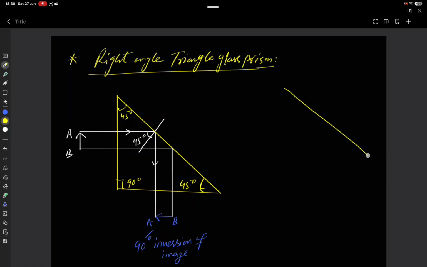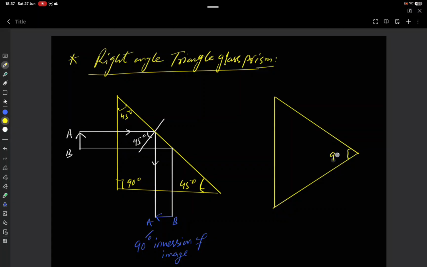So the image forms horizontally. Another diagram we have, again a right angle triangle prism. One is a 90-degree angle, 45 degree. This one is also 45 degree.